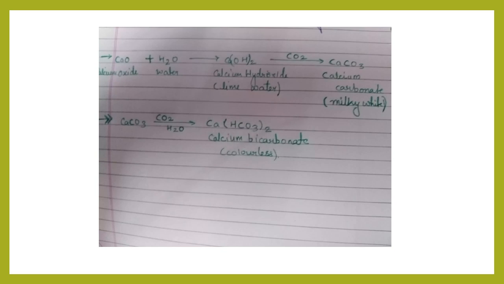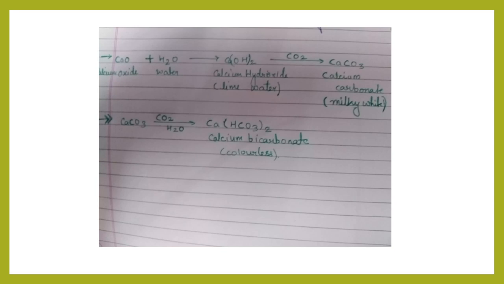This is the experiment. Equation: CO2 and calcium hydroxide, which is prepared by reacting with water, that is lime water. Now, CO2 with that will turn it to calcium carbonate, which is milky white. I am again repeating, calcium hydroxide with CO2 will turn to calcium carbonate, that's milky white.